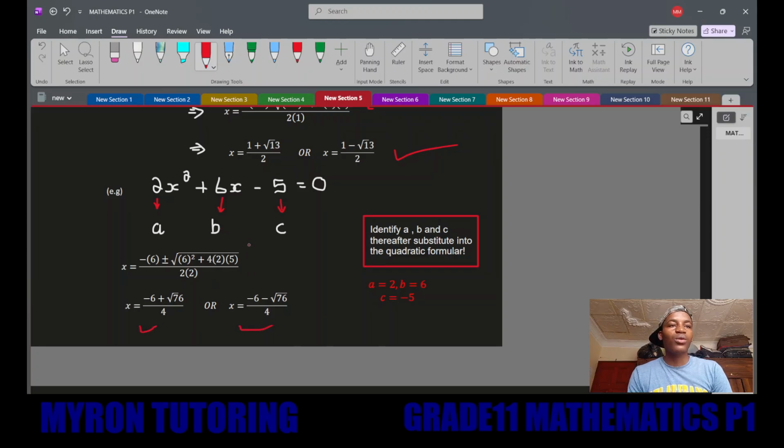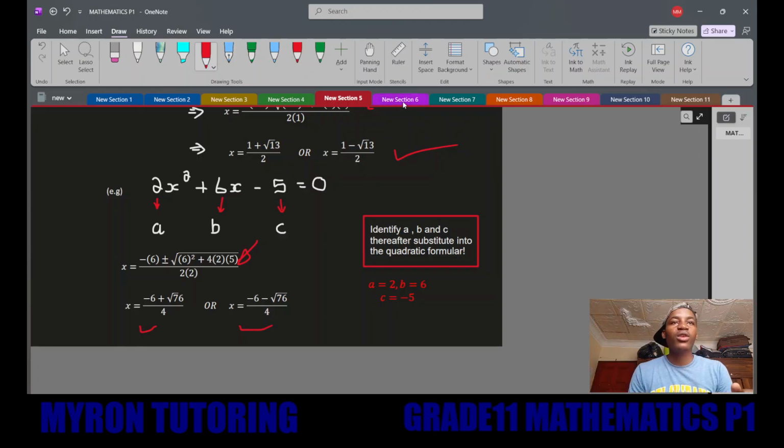So all you need to do is substitute a, b, and c into the formula, then give the answers. If you are instructed to round off to the nearest 2 digits, you must do exactly that. You must follow the instructions as per the question paper.